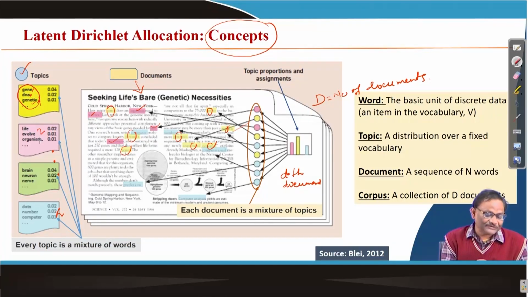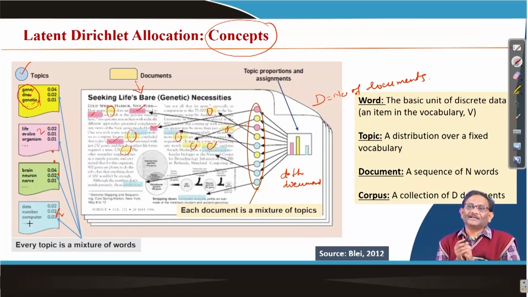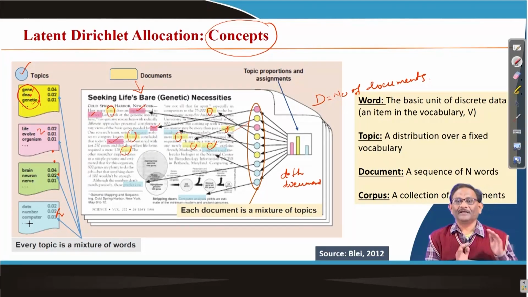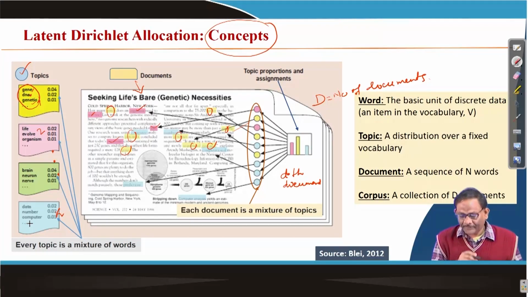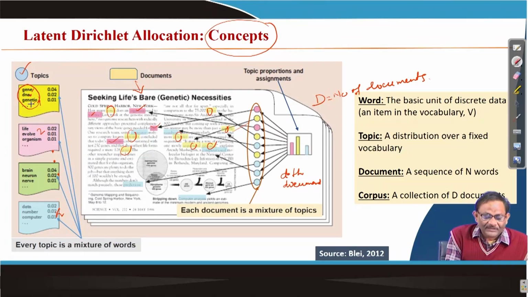Then life, evolution, organization, that's also biology related, but one is genetics related, another is life and evolution related. Another one is brain, neuron, nerve, which is basically human body related. Another one is data, number, computer, which are basically data analysis and algorithm related. So there are different kinds of themes, and if a word represents a particular theme, the color is given accordingly.